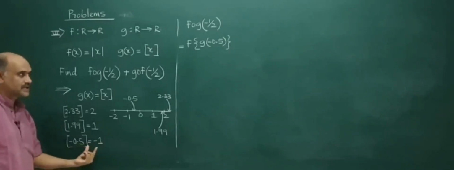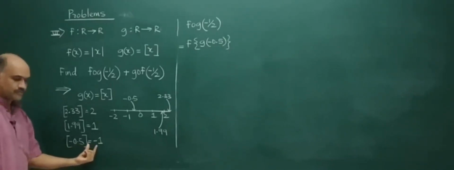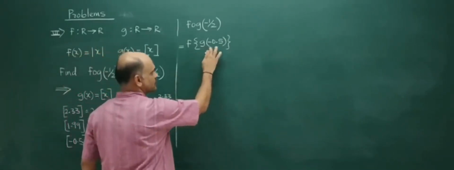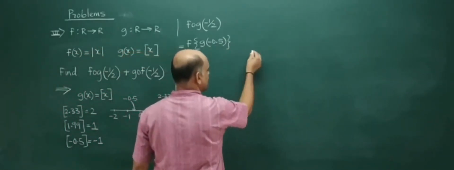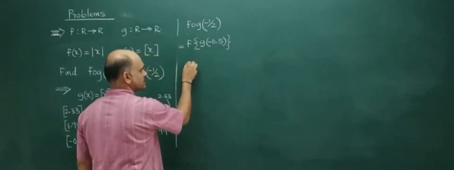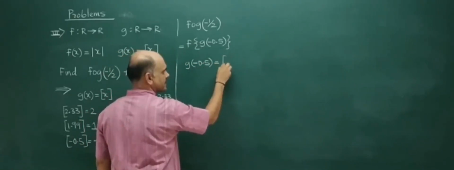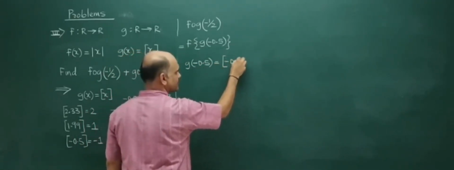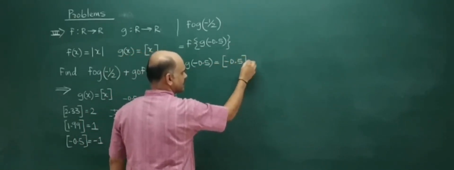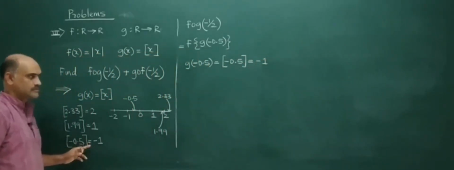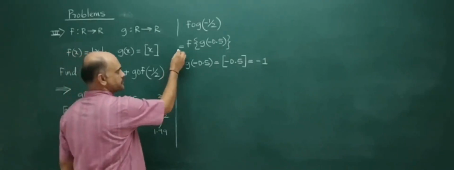So g of minus 0.5 is the greatest integer of minus 0.5, and that is equal to minus 1. Now I will substitute in this.